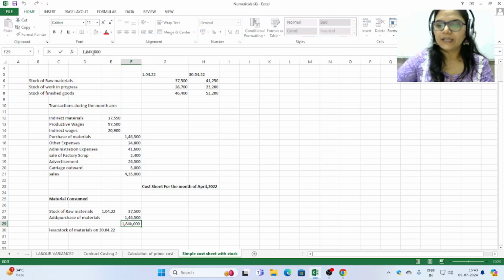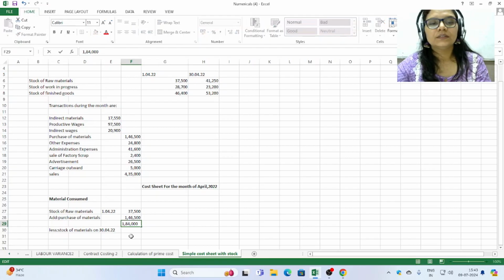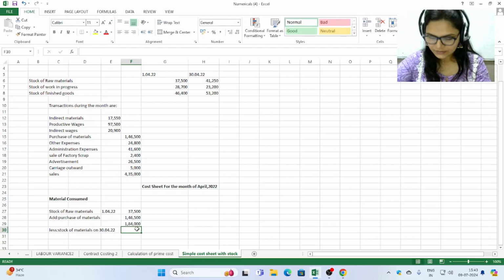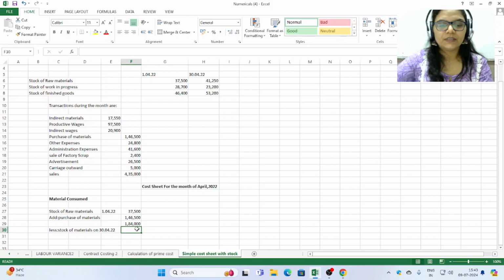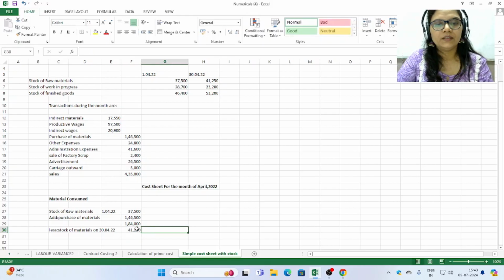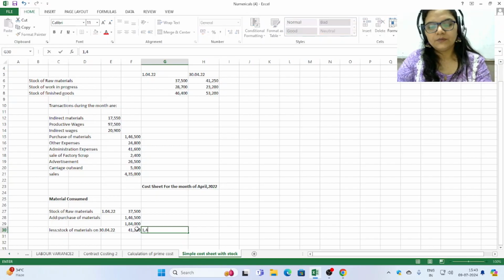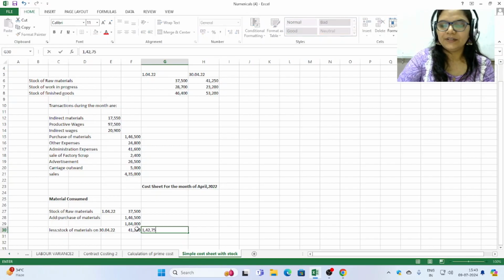I think there is certain typing mistake, it is 41,250. We will adjust these values and we will get the material consumed, which is 1,42,750.